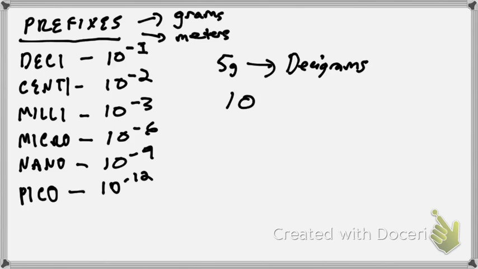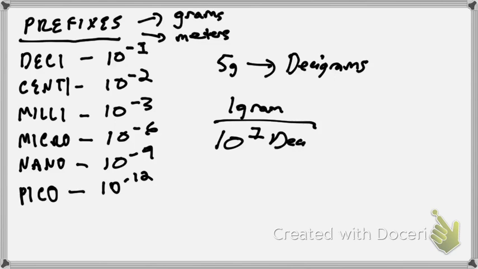We know that 1 gram is equal to how many decigrams? 10 to the 1 decigrams is equal to 1 gram.